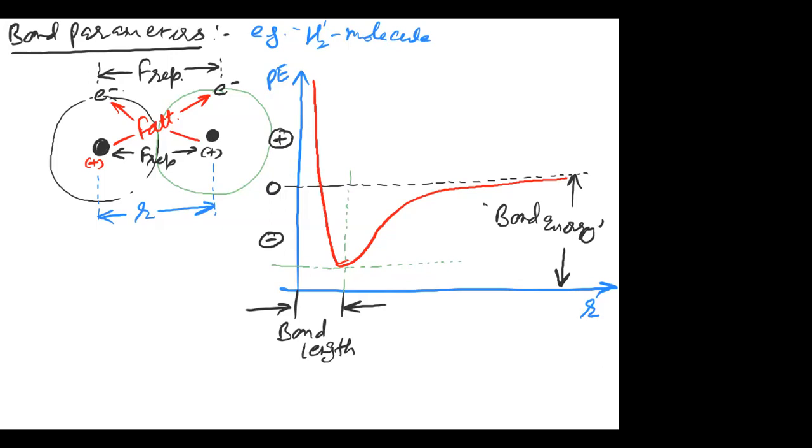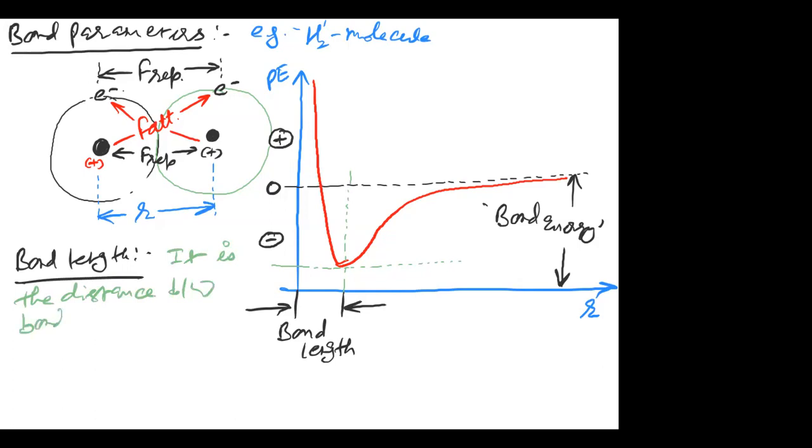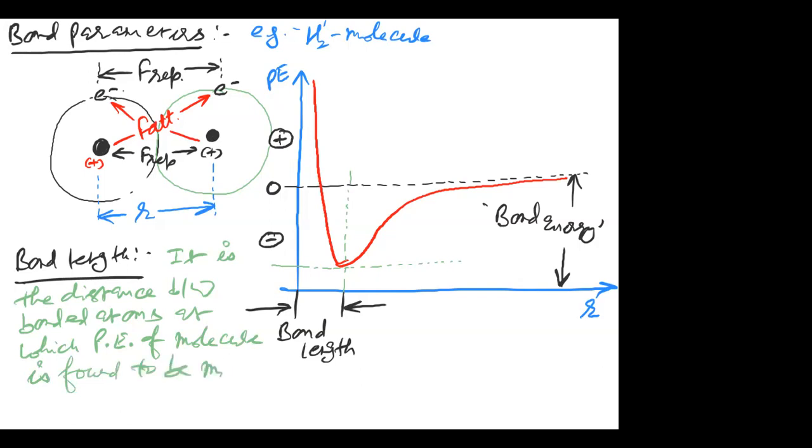So as far as bond length is concerned, let's first see bond length. It is the distance between bonded atoms at which the potential energy of the molecule is found to be minimum.